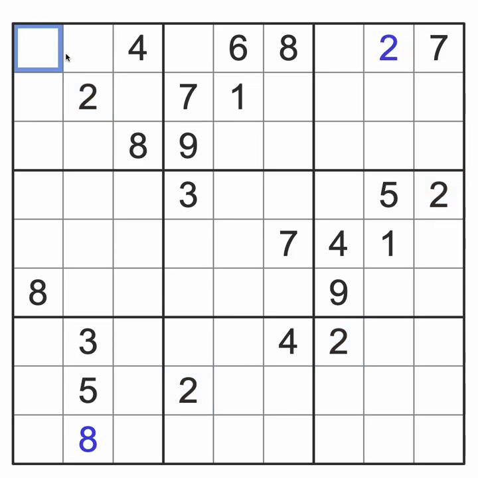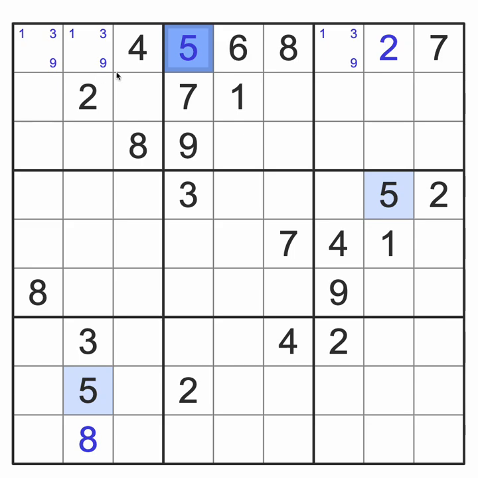Okay, now looking at row 1, which is missing 1, 3, 5, 9. This cell is blocked by 1, 3, 9, so that makes this cell 5.